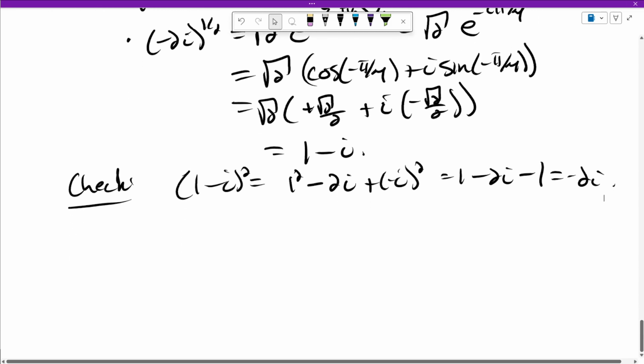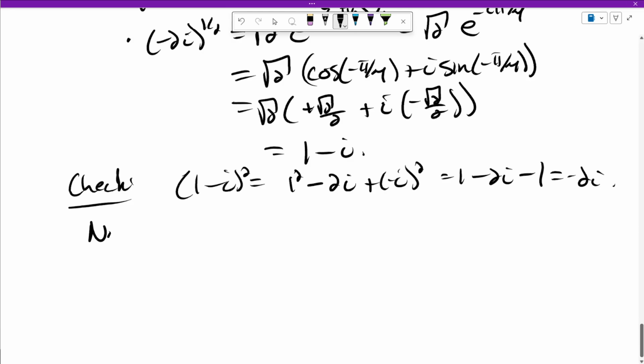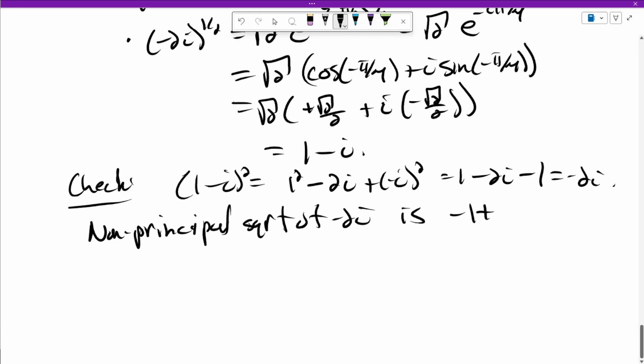And let me just point out here, the non-principal one is just negate that. Okay, so if we were to graph the principal square roots, so here's negative 2i down here.